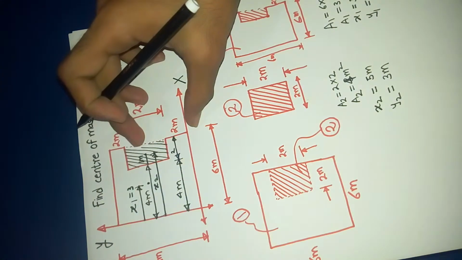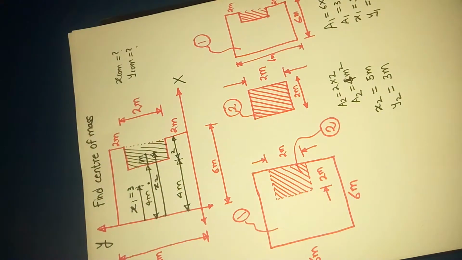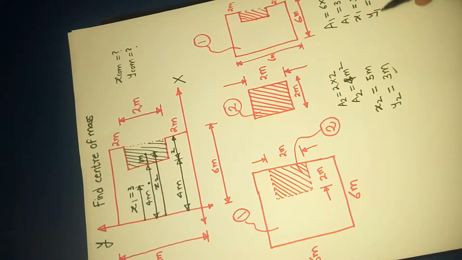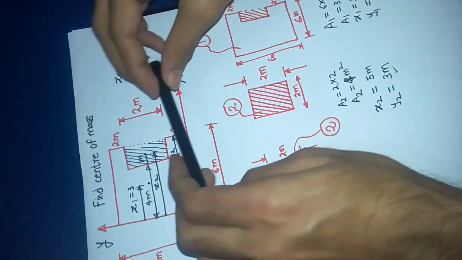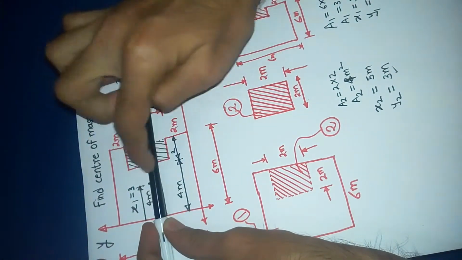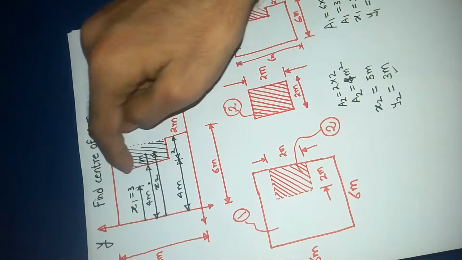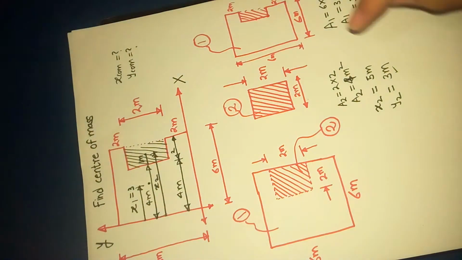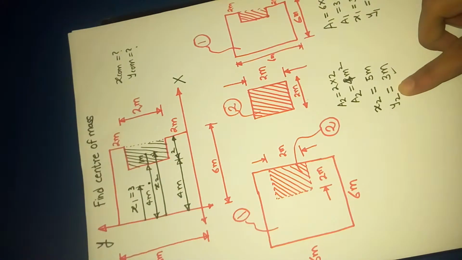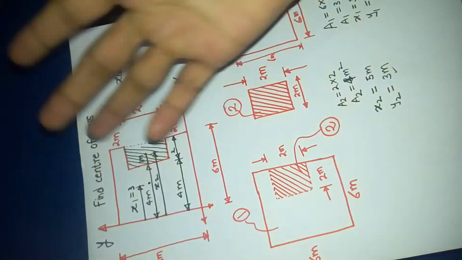Y1 would be the same, 3 meters. See here, y1 and y2 came same, 3 meters. We can directly say, as this object is symmetrical about the x-axis, you can see the mirror images. So if the object is symmetrical about the x-axis, you can directly put y as half of it.